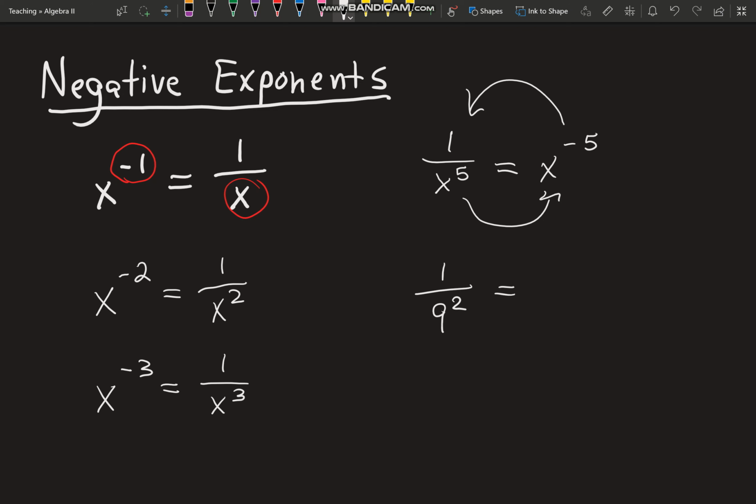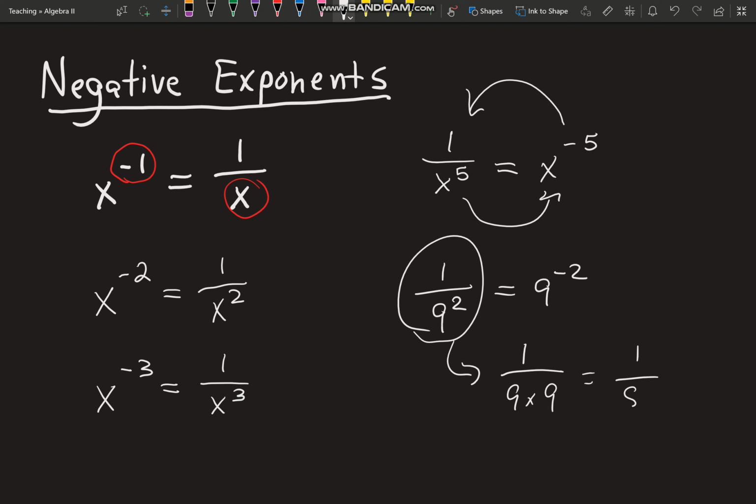This would be the same thing as 9 to the negative second power, which you could put either one into your calculator and solve it. We know more based on what we know about math how to work with this. So 1 over 9 squared is 1 over 9 times 9, which is 1 over 81, right?